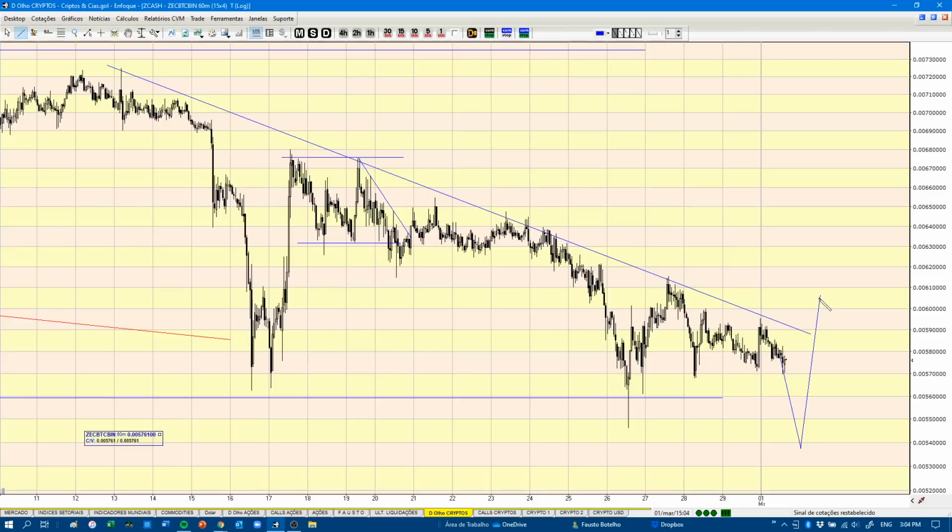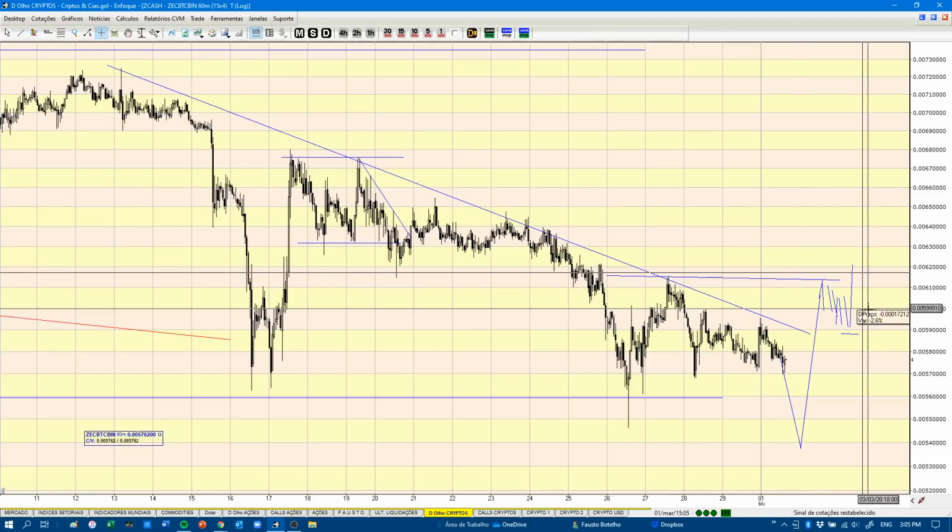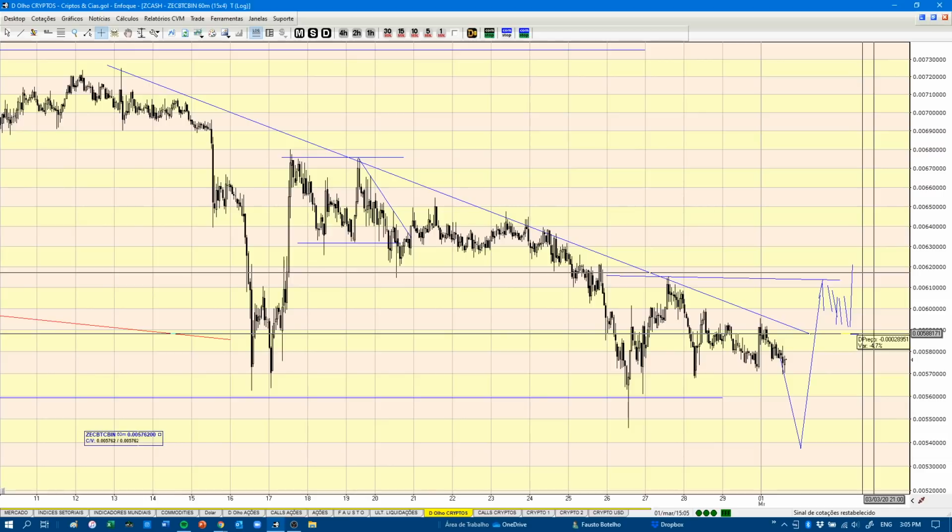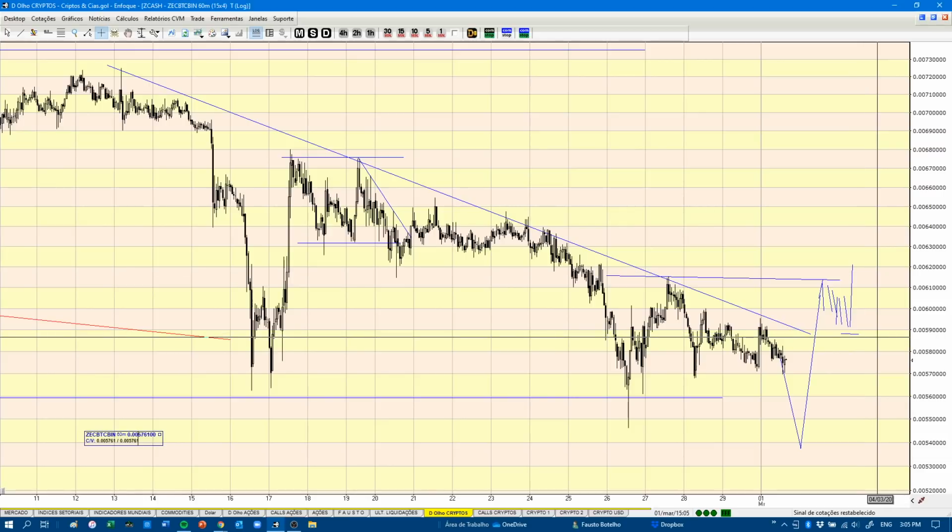Breaks the trend line and flags up in this resistance level here, flags up over here, and then whenever it breaks the flag, we put the stop right below the flag, because flags are very good to hold positions. That would be around 4.7% away, which is beautiful for one that wants to enter the market, because with that distance of your stop, you can increase your position, maintaining the same risk per trade, right?